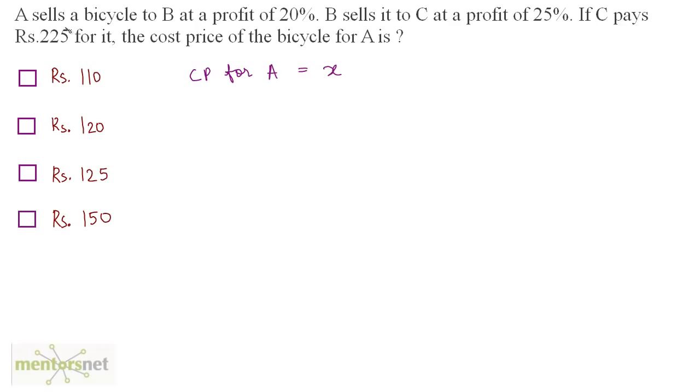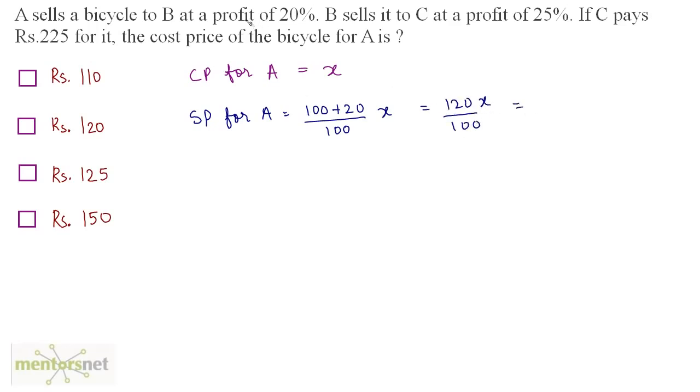He sold this bicycle to B at a profit of 20%, so the selling price for A is the cost price increased by 20%: X plus 20 upon 100 X, which can be written as 120 X upon 100.